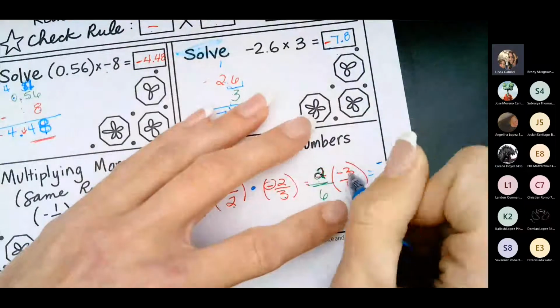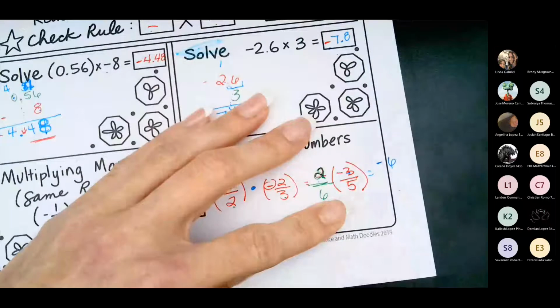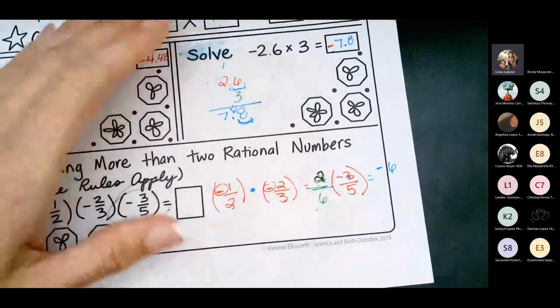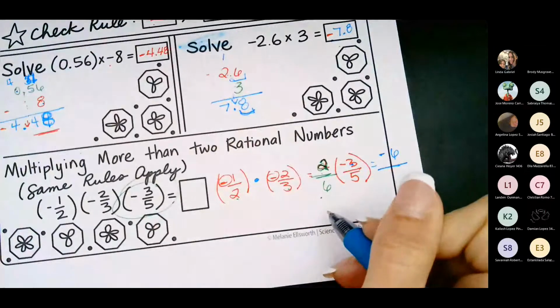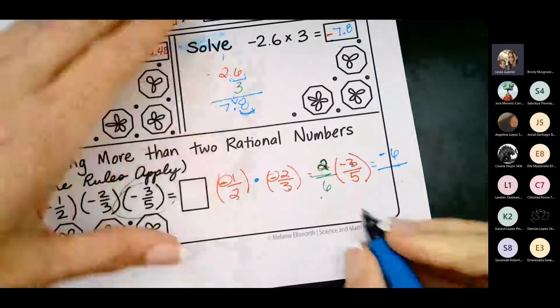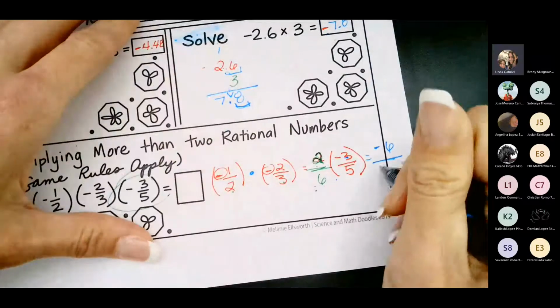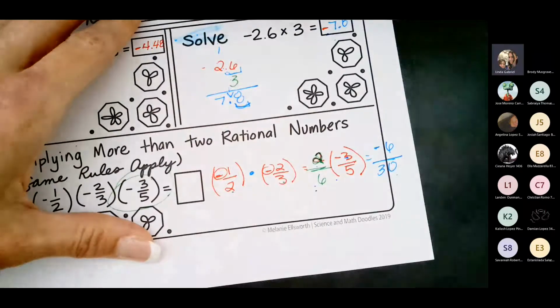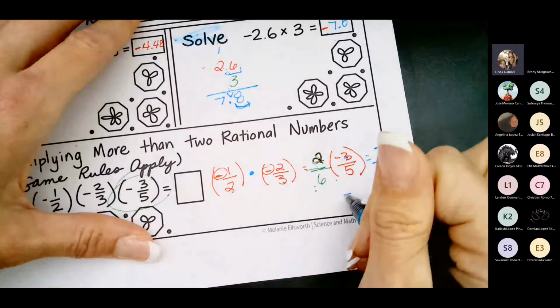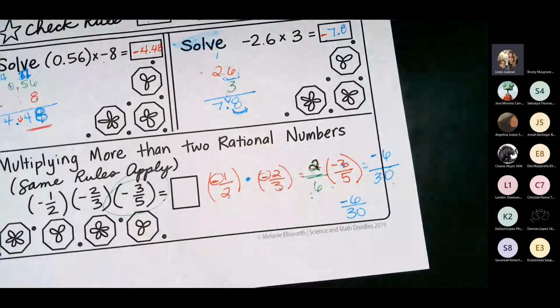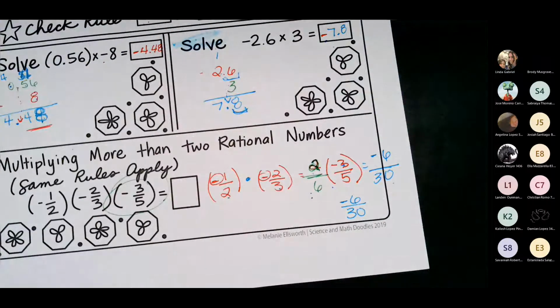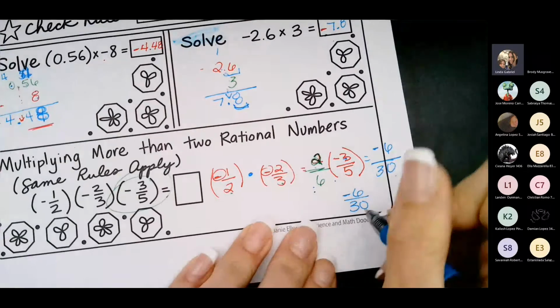2 times 3 equals 6. Right, so I have negative 6 over, and then I have 6 times 5 gives me 30. So I have negative 6 over 30 is my answer. I can simplify that, right? Let me look at my common factors.